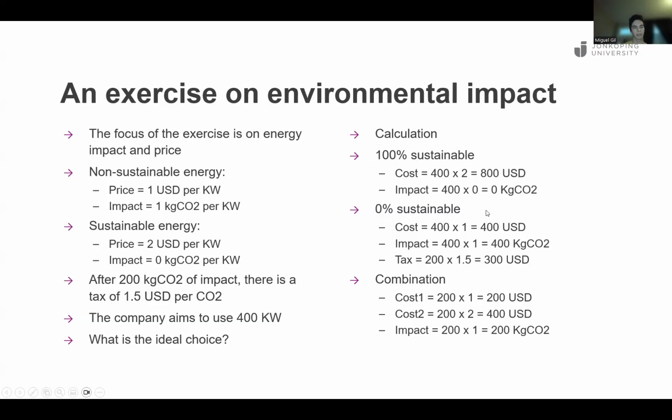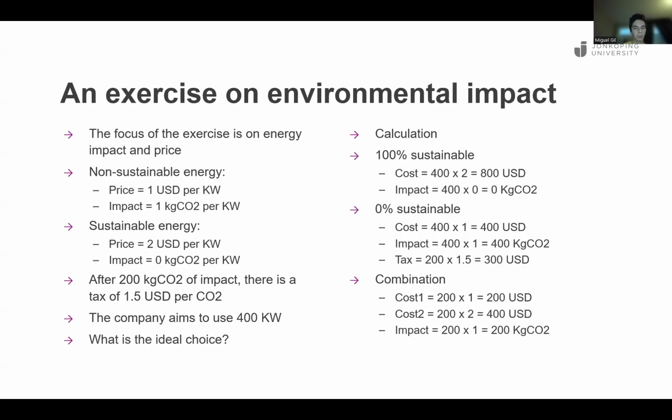Then let's do the opposite extreme, not sustainable at all. For the cost, we multiply 400 kilowatts times $1, which is $400. Then we should not forget about the tax, so maybe we need to calculate the impact first, because the impact is very simple. 400 kilowatts of energy times 1 kilogram means 400 kilograms of CO2.